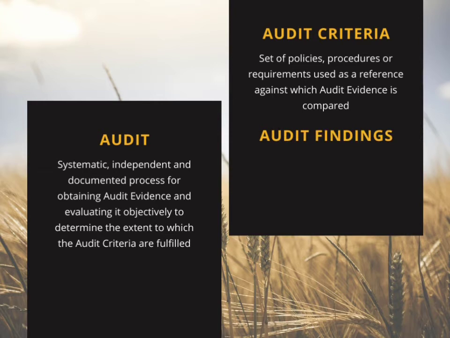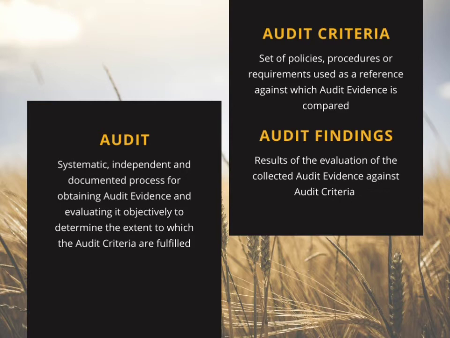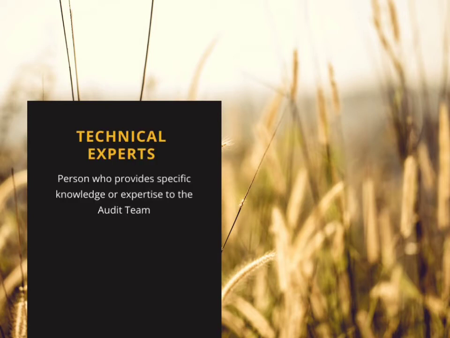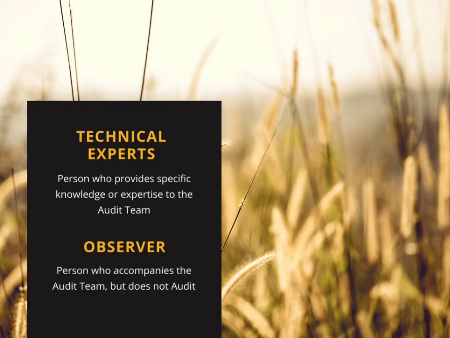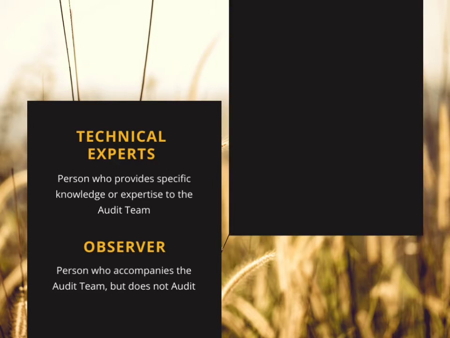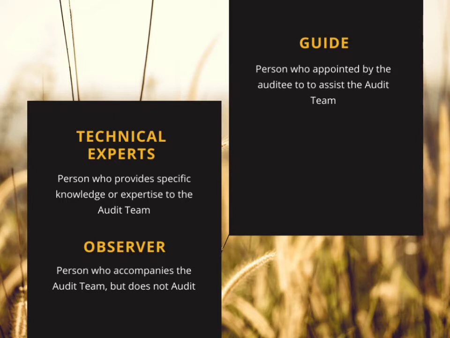Thirdly is audit findings, defined as the results of the evaluation of collected audit evidence against audit criteria. Next, technical expert, defined as the person who provides specific knowledge or expertise to the audit team. Move on to observer, meaning the person who accompanies the audit team but does not audit. Next, guide, defined as the person appointed by the auditee to assist the audit team.